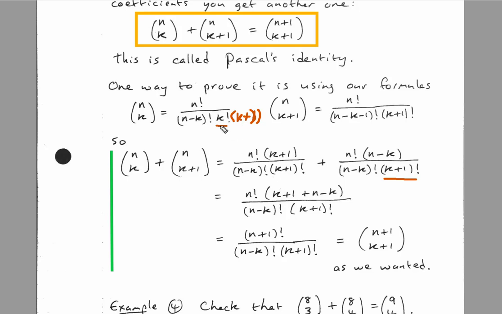So k factorial times k plus 1 is equal to k plus 1 factorial, and I have to include that k plus 1 factor on the top. And also for the other piece, we have n minus k factorial here, and we want to make this into n minus k factorial, so this has to be multiplied by n minus k. So we're multiplying by n minus k, top and bottom here.